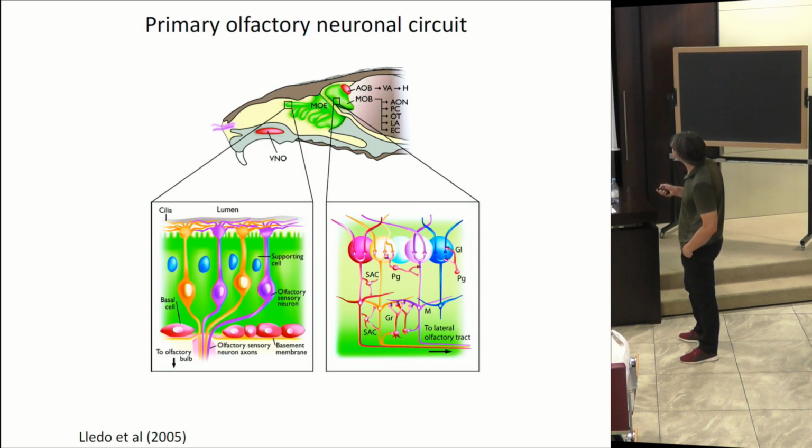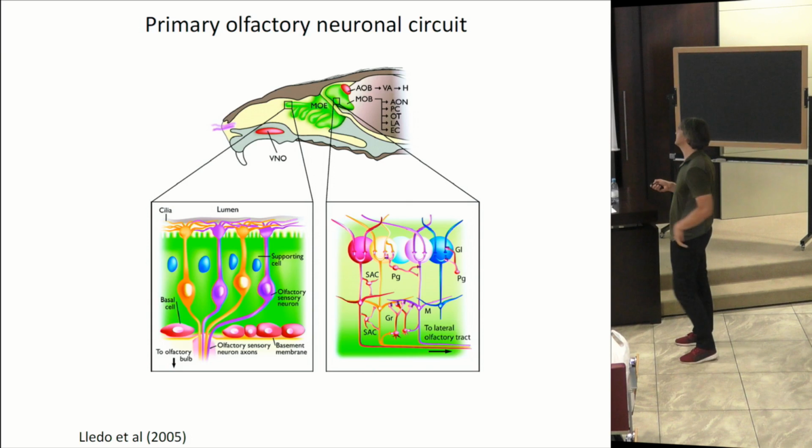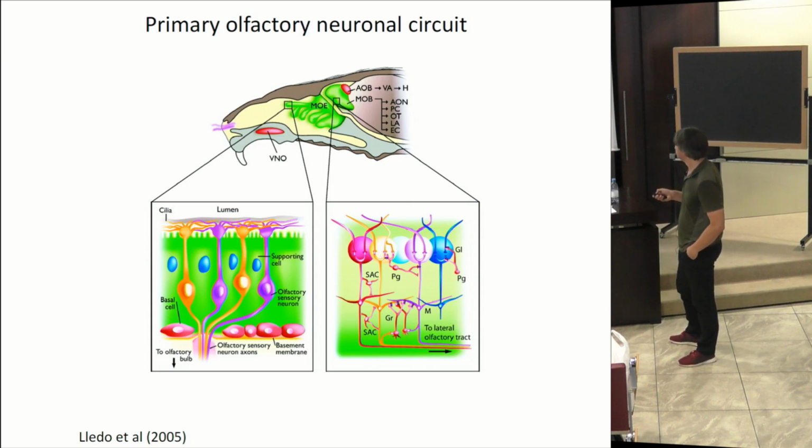This is basically the inside of the nose, and here is the boundary, where you can see olfactory receptor neurons. They project there, and they have the cilia. They sit in a kind of mucus, and this is where odorants that you inhale via air bind to receptors on the surface of the cilia. They then initiate a signaling cascade, which leads to a depolarization and spiking of these neurons.